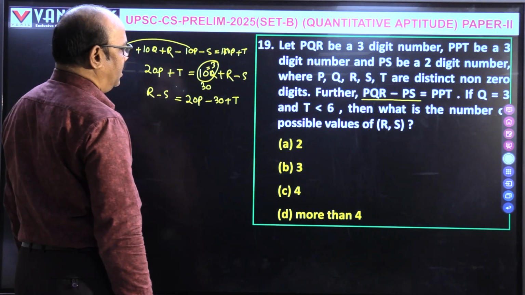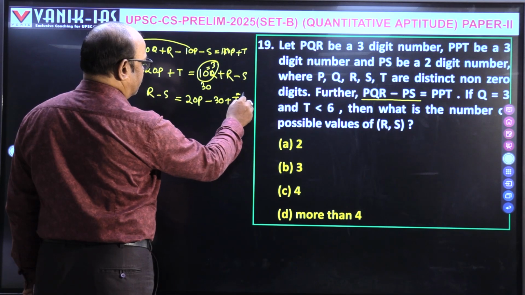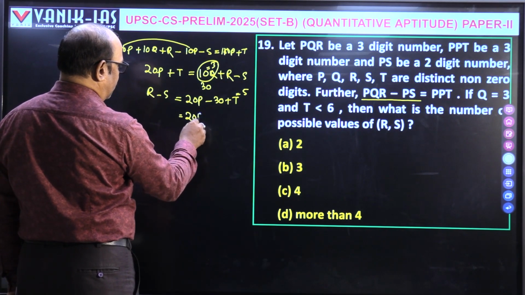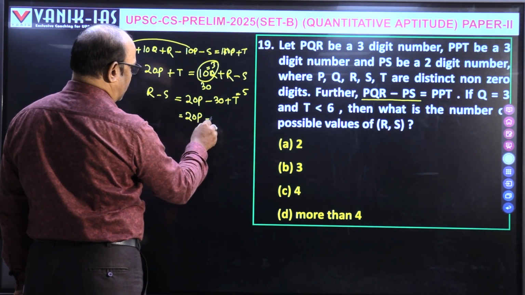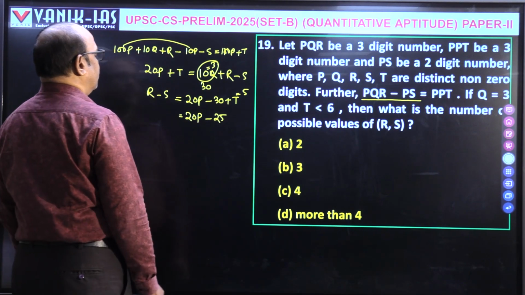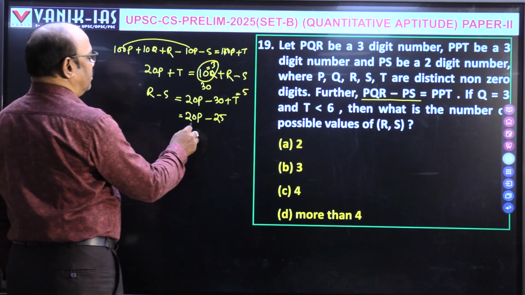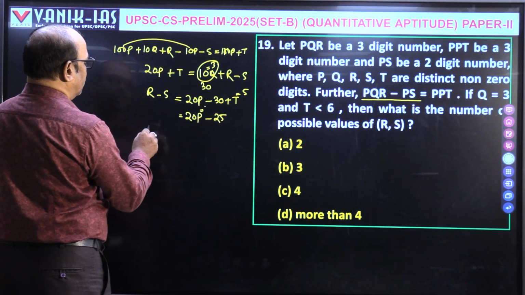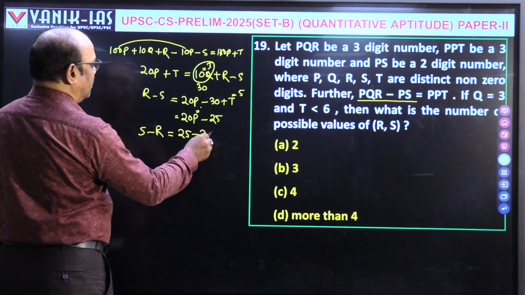And again the question says T is less than 6. So if T is 5, then this will be 20P, and 5 minus 30 plus 5 gives minus 25. If it is 20P minus 25, and P is 1, I can make it reverse, S minus R, so that becomes 25 minus 20P.